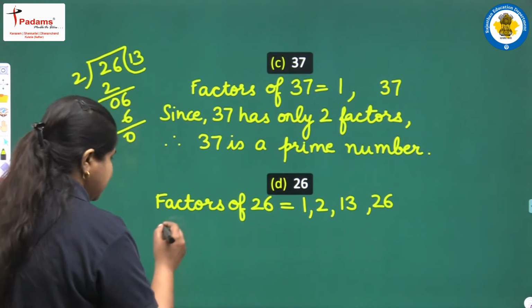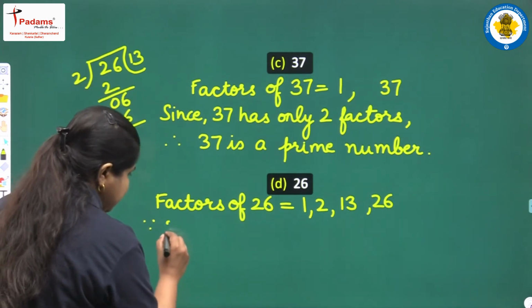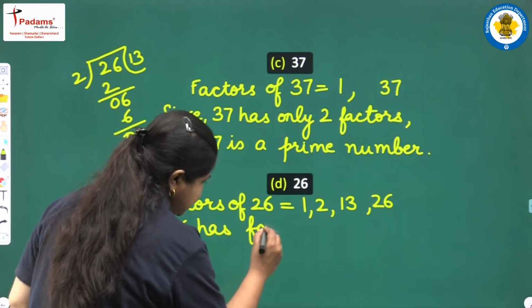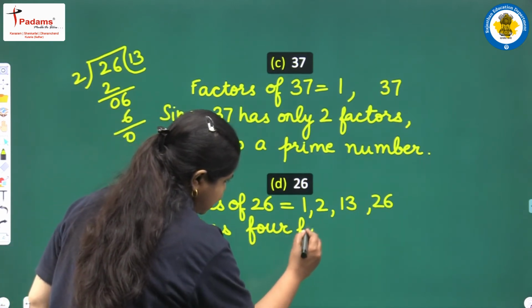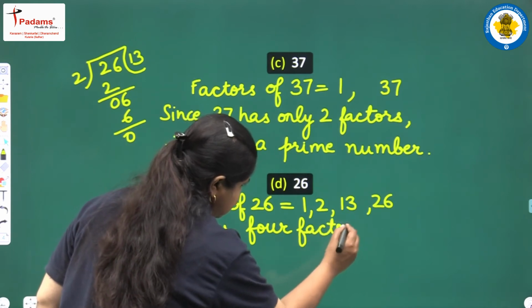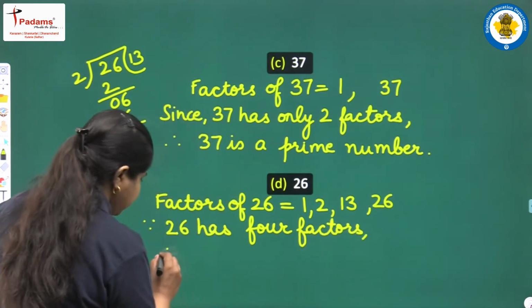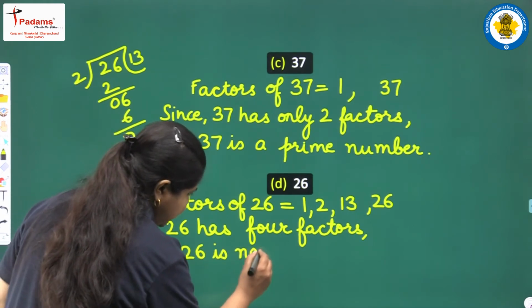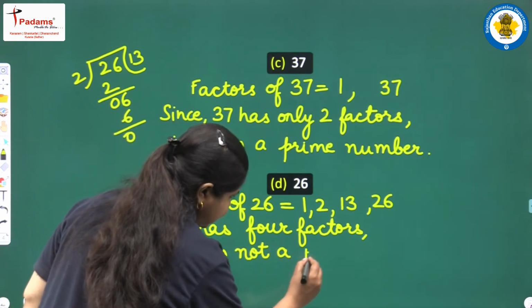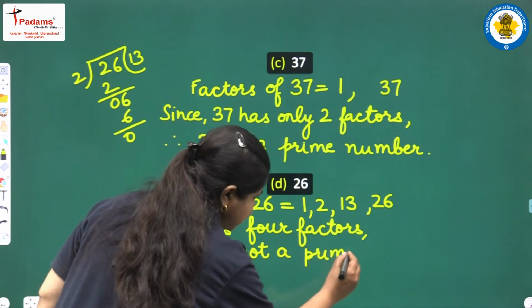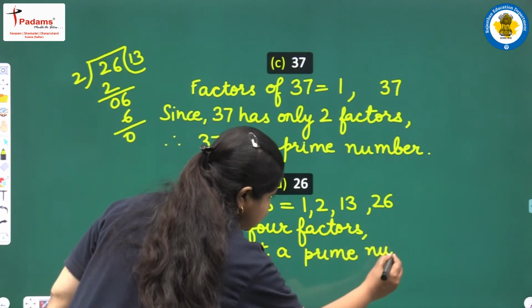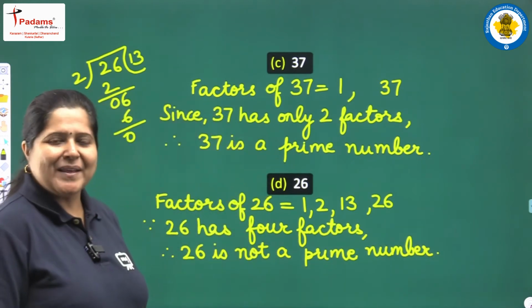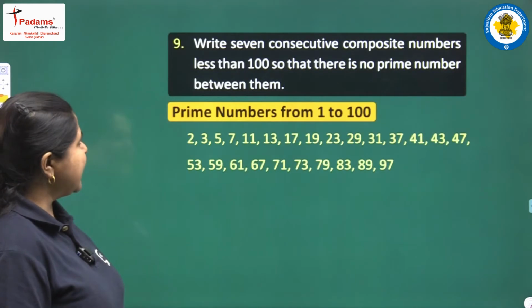So we can write here, since 26 has 4 factors, therefore, 26 is not a prime number. It is a composite number. Okay, clear to you? Next we have question number 9.